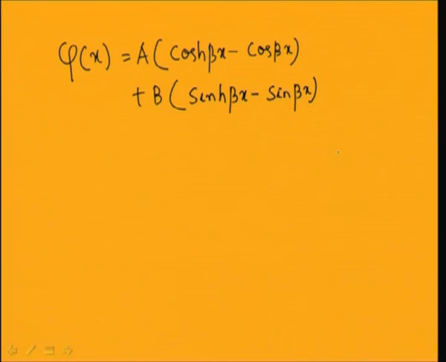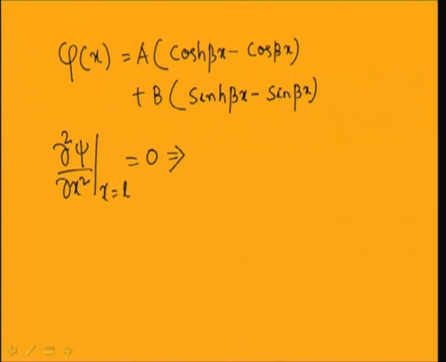Now substituting the other two remaining boundary conditions: at x equal to L we have two boundary conditions, shear force equal to 0 and bending moment equal to 0, from which we obtained these equations. The second derivative of psi with respect to x, which corresponds to the bending moment at x equal to L, equals 0.